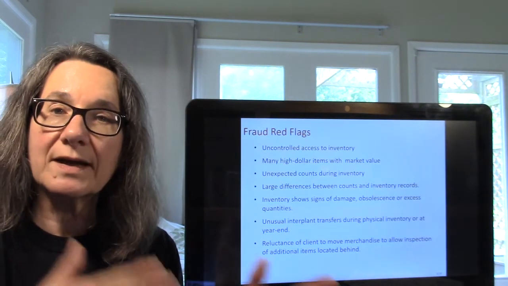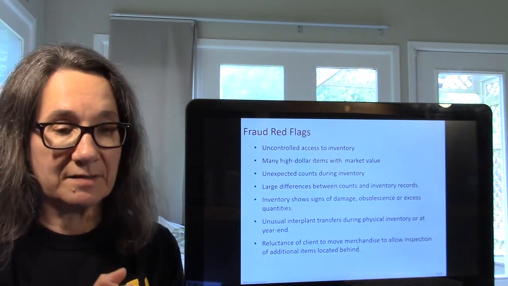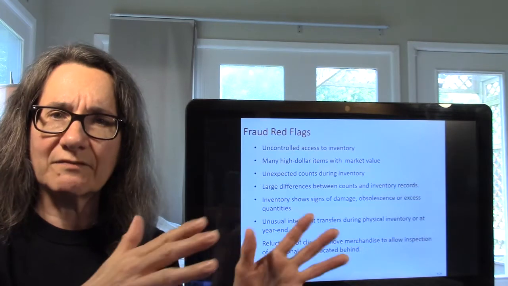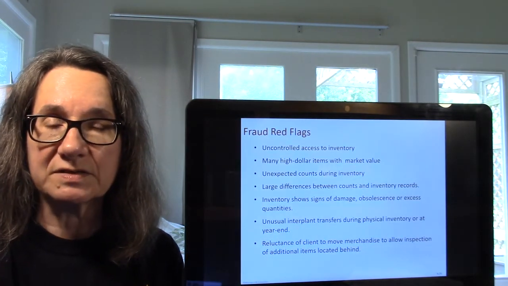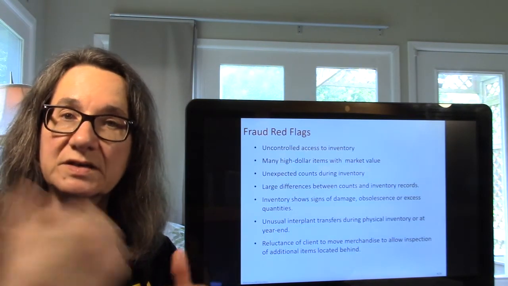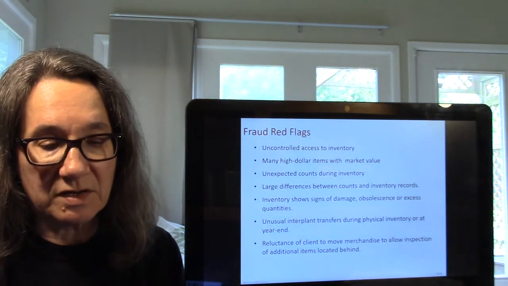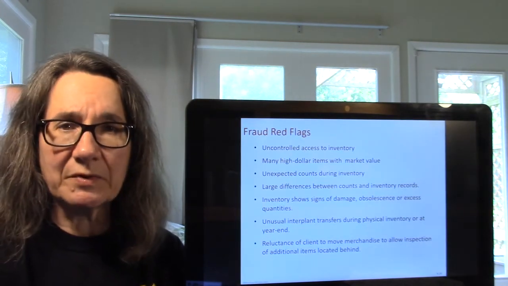Again, that's a way to hide that you don't really have the inventory. You'll say, where's this $1 million worth of inventory? Oh, that's at the other office. Oh, that's in transit going to our store. Oh, that's on its way here, right? So unusual transfers, especially at year end. These people know inventory counts are coming up.